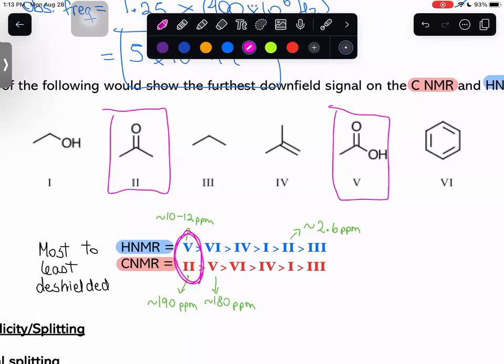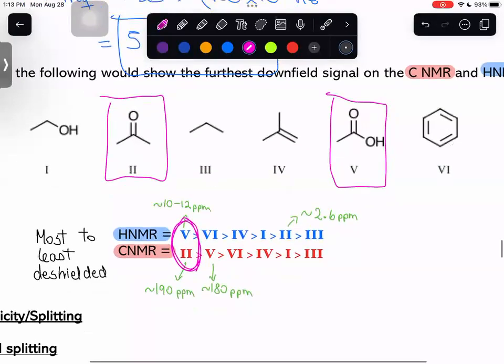So ketones, we have that carbonyl area, that's deshielding. But if we're talking about HNMR, we know that it's gonna fall under one of the shielded areas, okay? So that's why the most deshielded area should be number 2 for CNMR. What was the range for ketones in CNMR? Look at your notes. 100 and what?